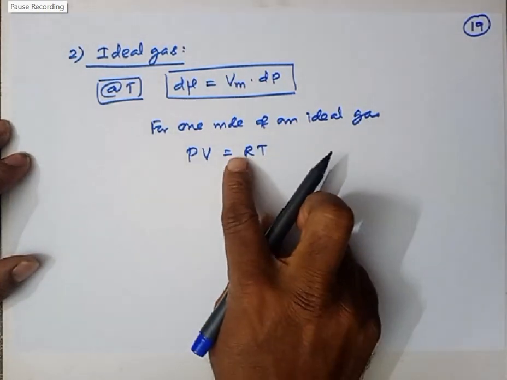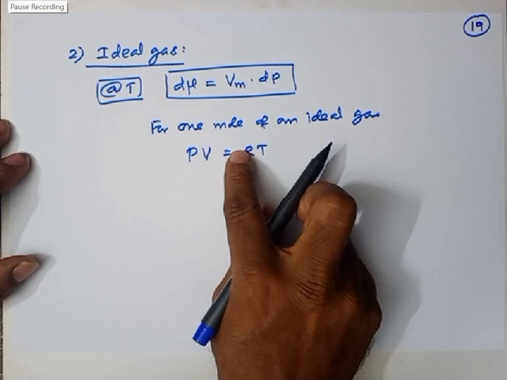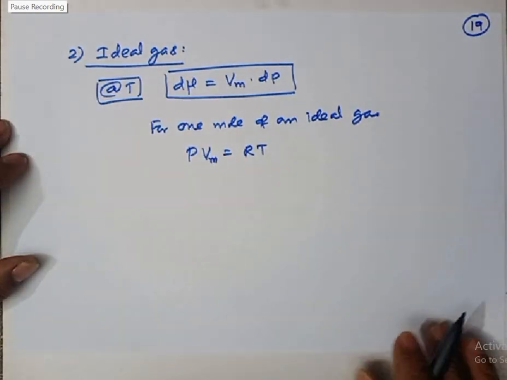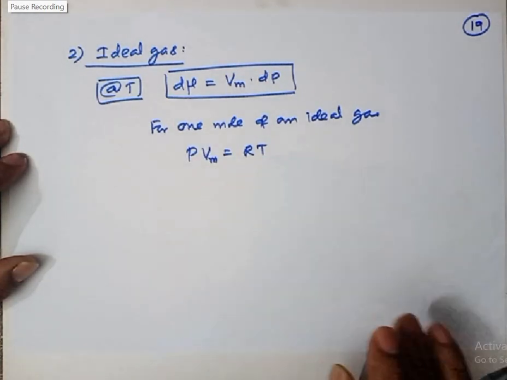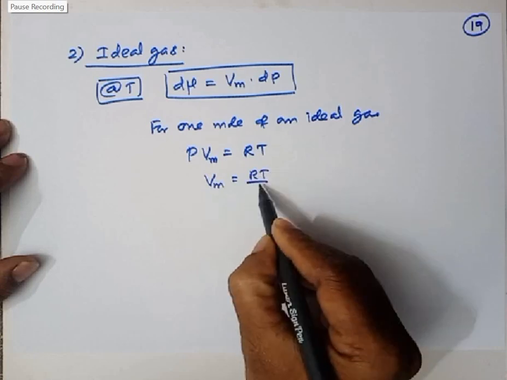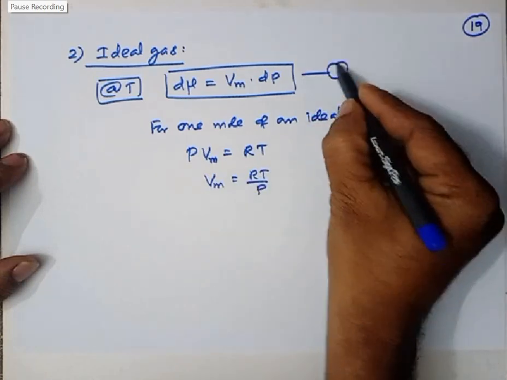If we put number of moles as 1, then this V becomes molar volume. So P Vm equals RT. Then what is Vm? Vm equals RT by P. I'll take this as equation number 1.